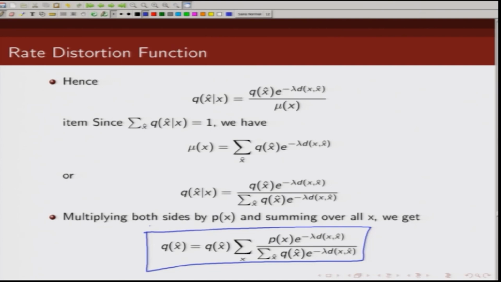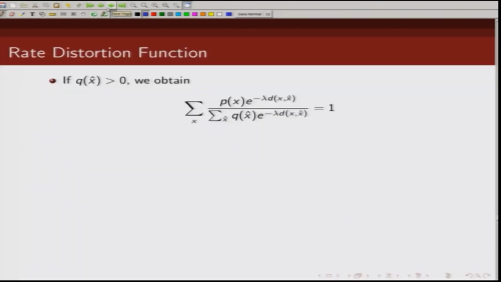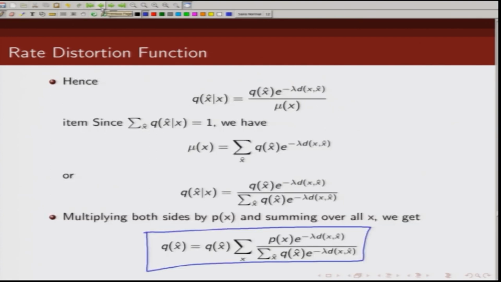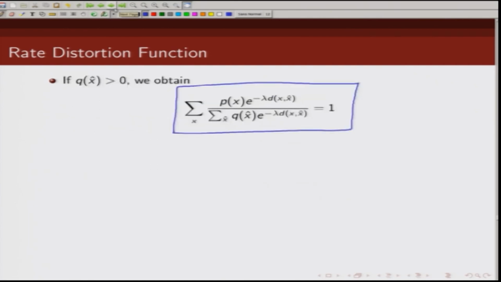Now, if q of x hat is greater than 0, then we get this condition that this summation is equal to 1. So, go back here. If this is greater than 0, then you can cancel this out and this will be equal to 1. So, that is what we are writing here.